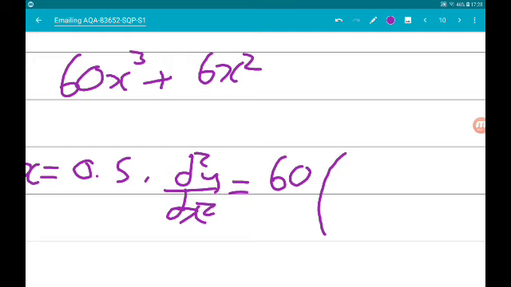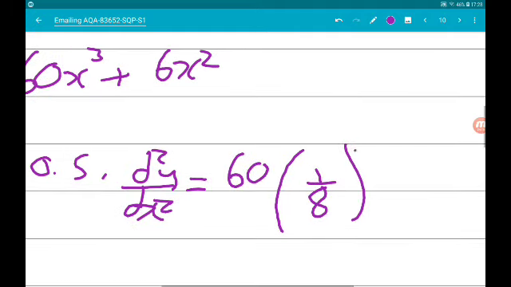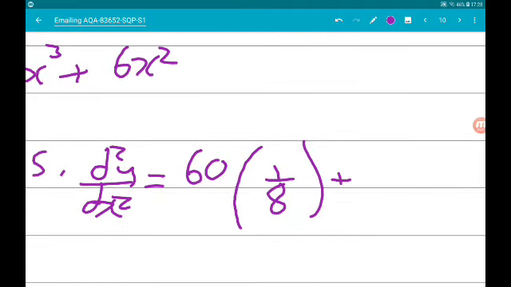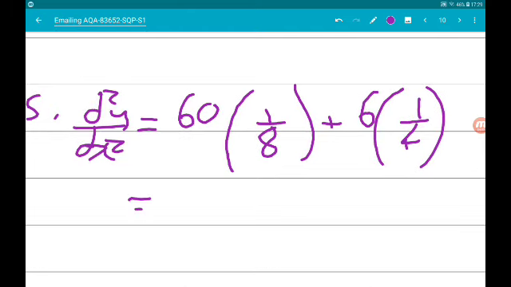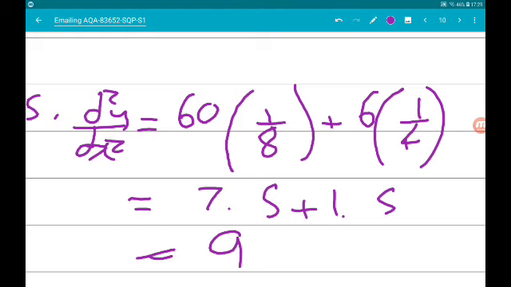So 1/2 to the power of 3 is 1/8. And then add 6 times 1/2 squared, which is 1/4. So 60 over 8 is 30 over 4, is 15 over 2, so that's 7.5, add 1.5, we should get 9. Cool.